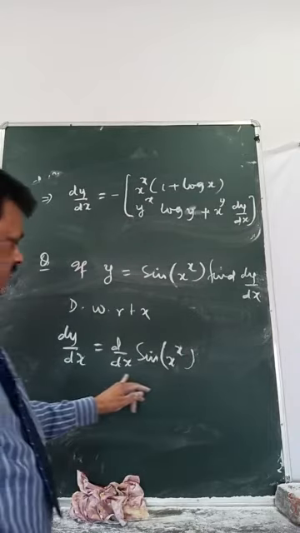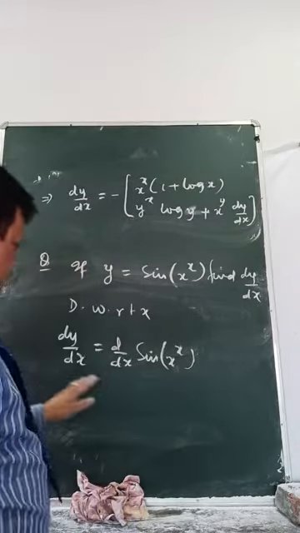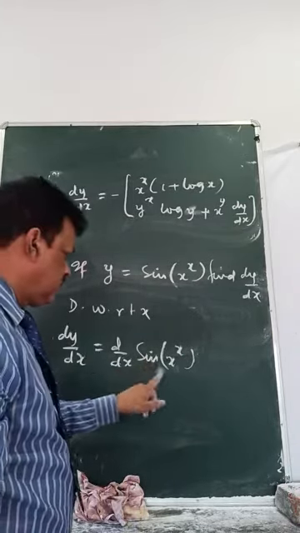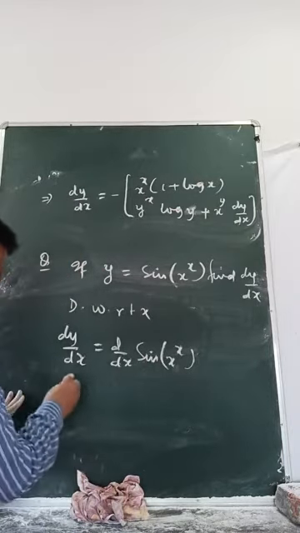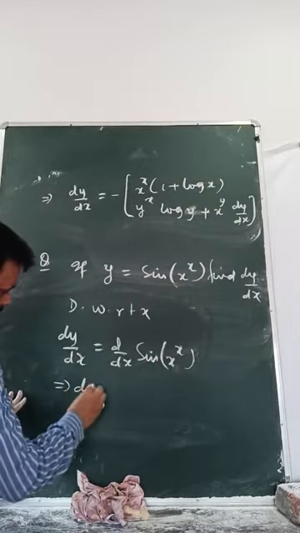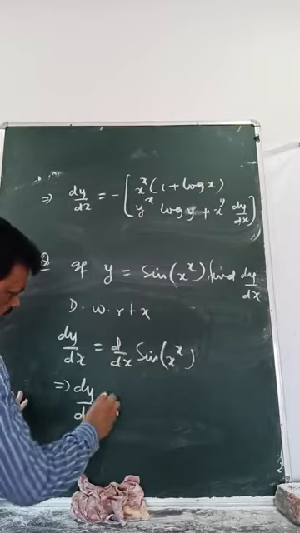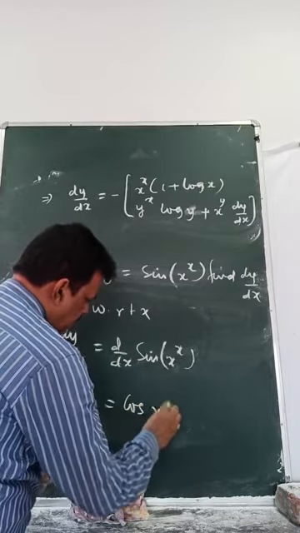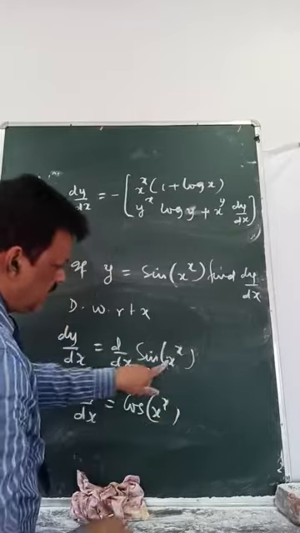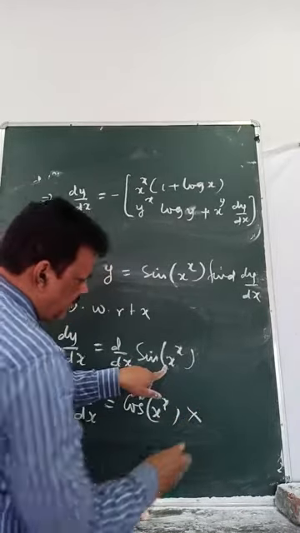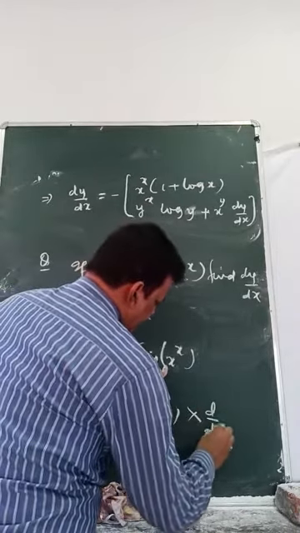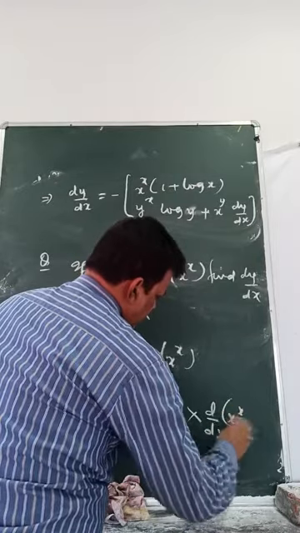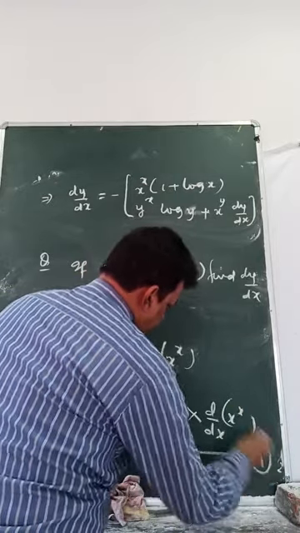So what you do is chain rule. Chain rule means dy by dx becomes the derivative of sin, which is cos of x to the power x, then the derivative of the angle, which is d/dx of x to the power x. This is what we want to find out.